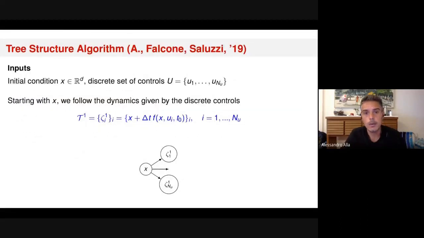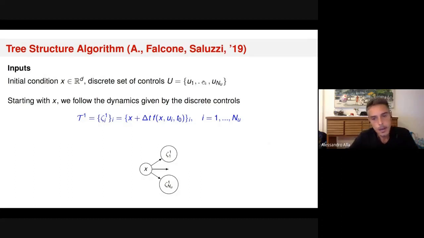So what is the idea of the algorithm? First of all, we start with an initial condition, which is given. And then we get the control set. We have a discrete set of controls; we discretize the control set. So you see here we have some constant values in a range.